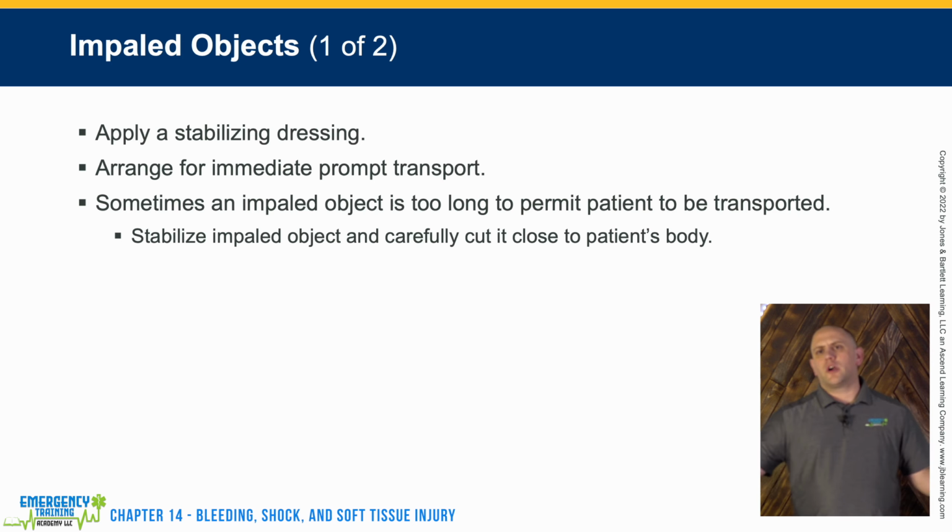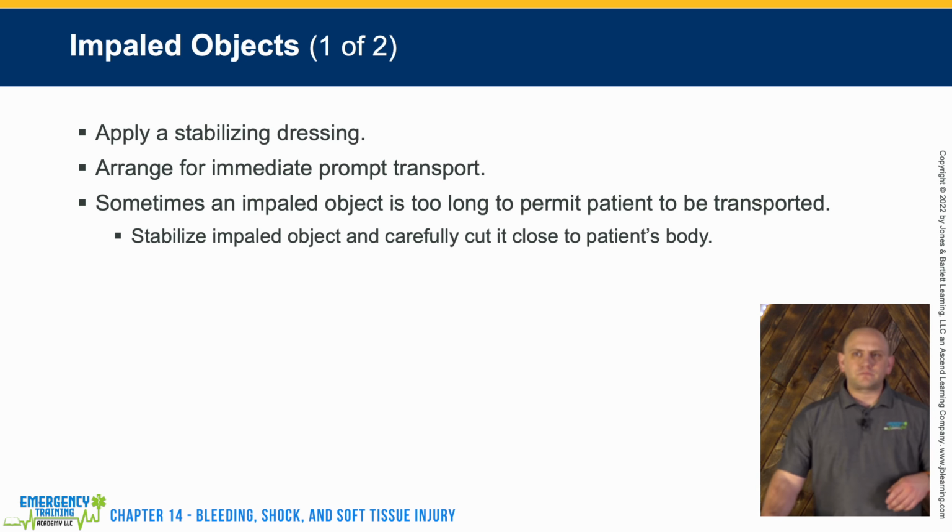If it is a large impaled object that's going to impede your ability to get them into a transport vehicle, it may need to be cut down if you're able to, so that you're able to get them in. Oftentimes, these impaled objects may be tamponading a bleed. They're actually creating the pressure needed to stop the vessel from bleeding. And so as soon as we remove it, then we create further problems with them bleeding.